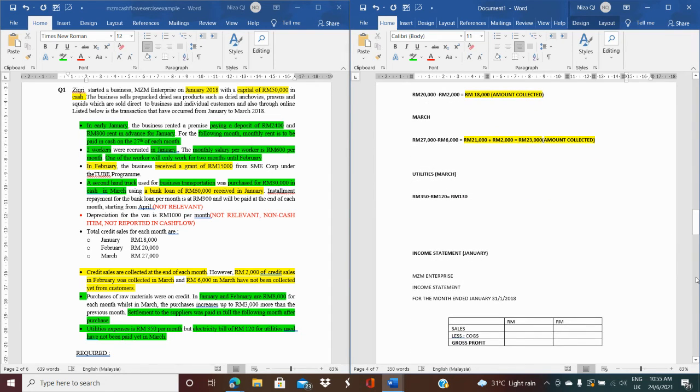Utilities for March is usually 350 per month, but for March, 120 will not be paid. So 350 minus 120 will be 230. The amount paid in March is 230.